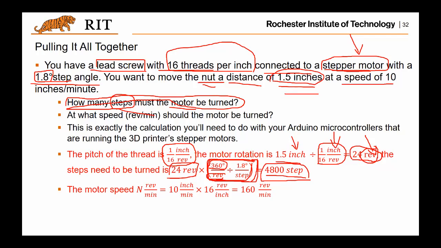So that is the steps, right? Then the second question is what speed the motor should turn, right? We already know the motor's rotation will be identical to the screw's rotation, and we also know the pitch as well as the linear speed, as I mentioned here.